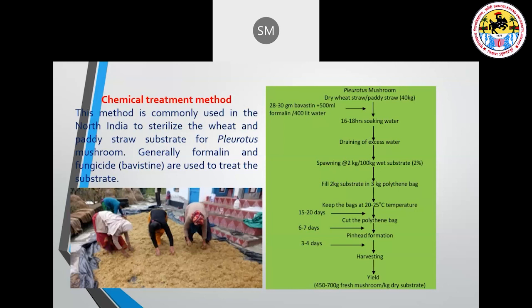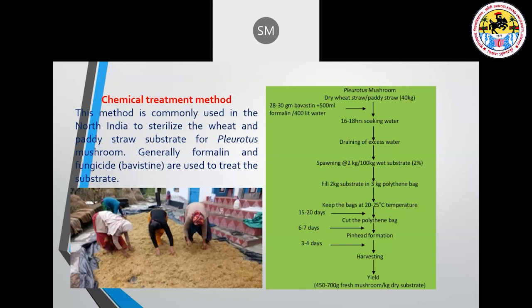One jute bag can basically carry 5 or 6 kilograms of dry wheat straw substrate. After filling all the bags with the wheat straw, they can be submerged into the water that is also available in the tank.